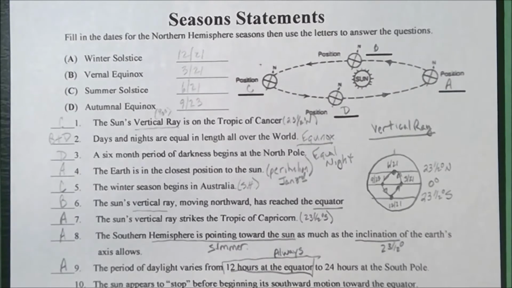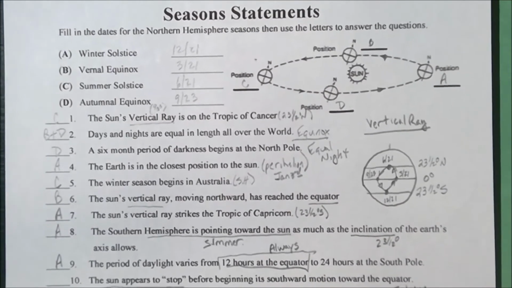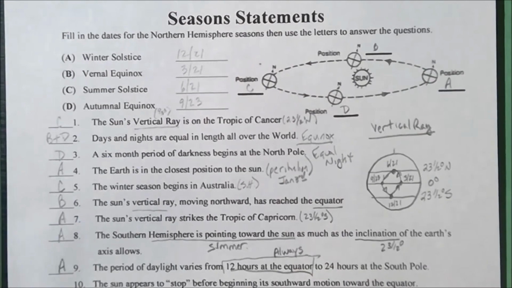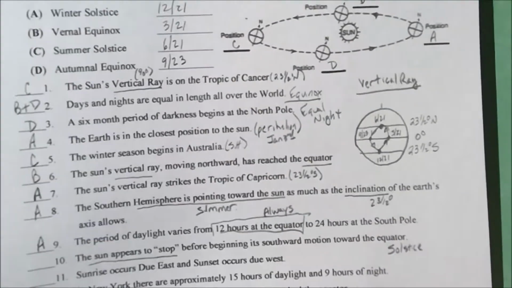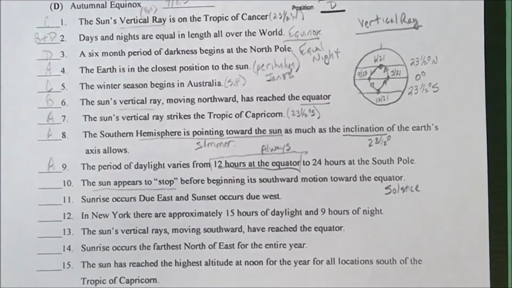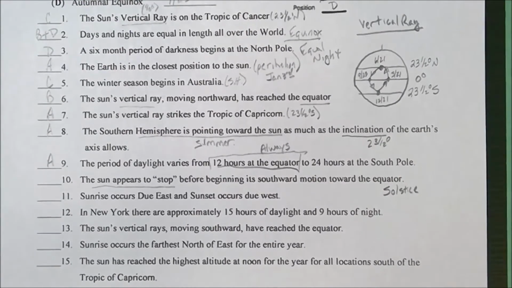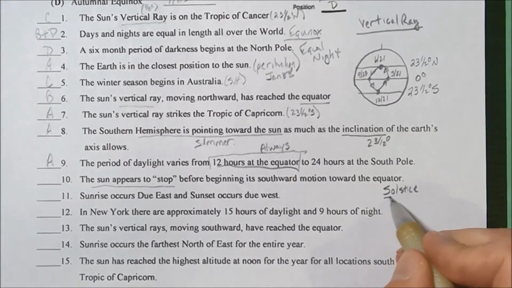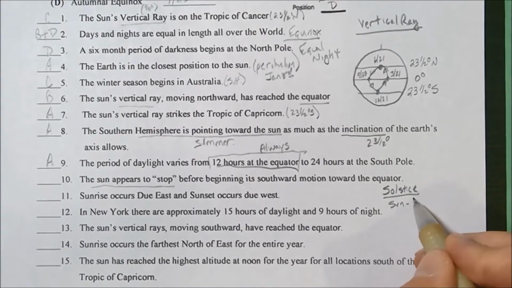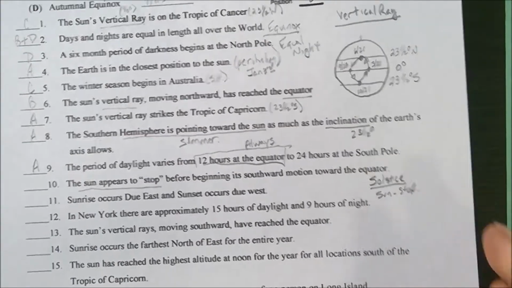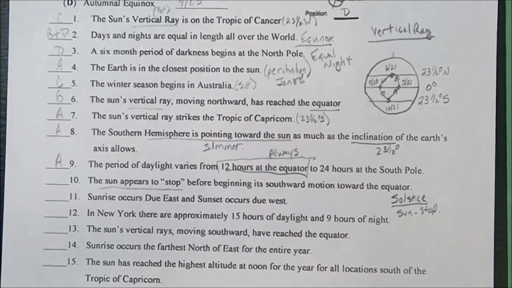Now, the sun appears to stop. The term solstice literally means sun stop. So if I slide this up a little bit, the term solstice means sun stop, and the sun is going to stop twice.